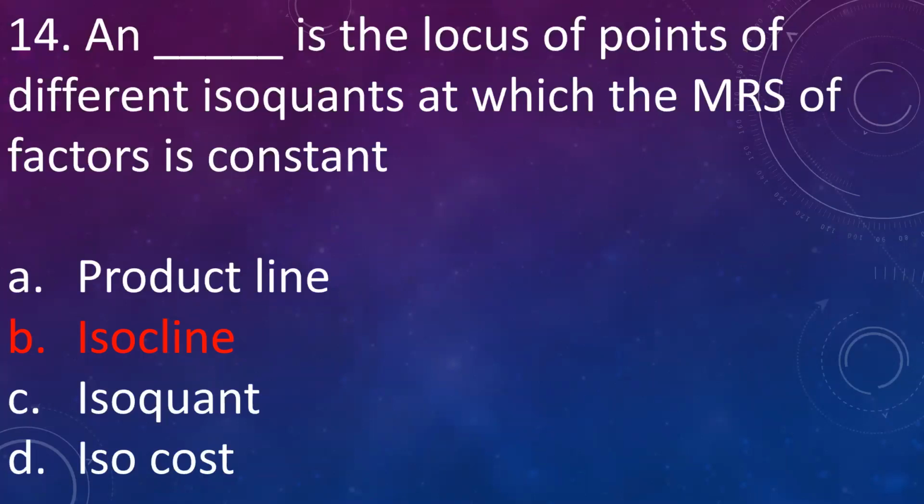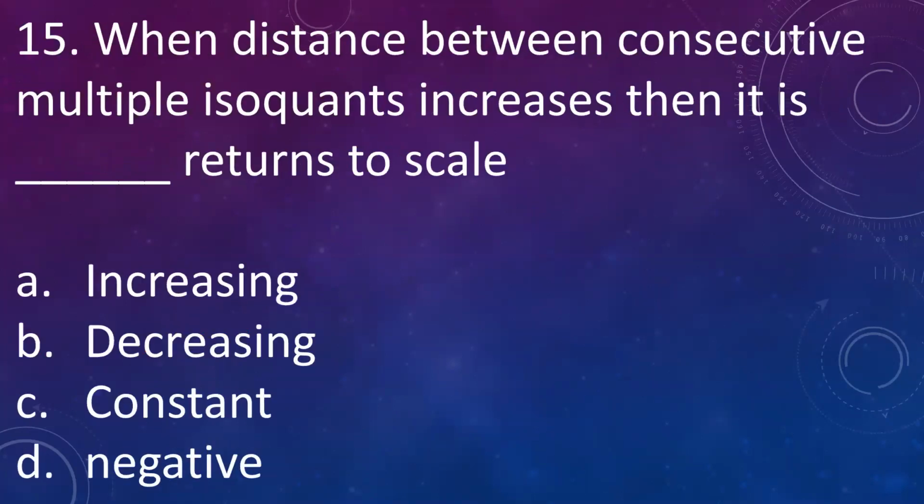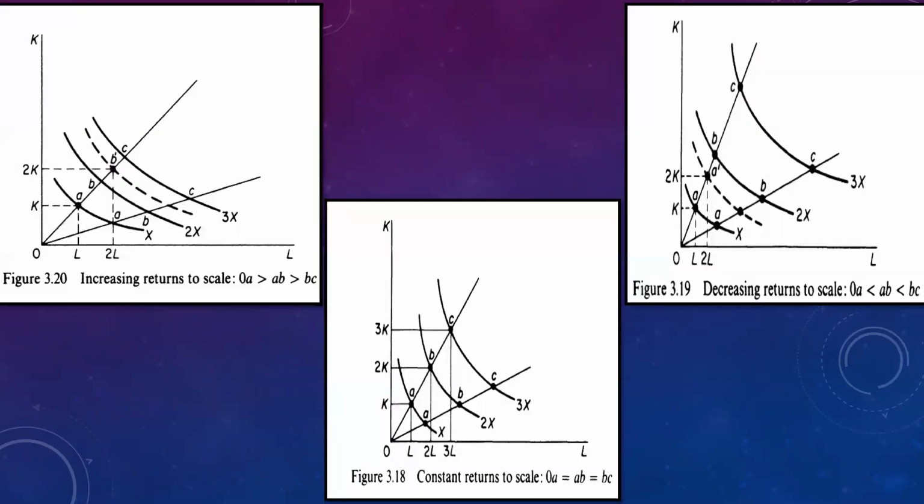Our next question is, when distance between consecutive multiple isoquants increases, then it is dash returns to scale. A, increasing, B, decreasing, C, constant, D, negative. Answer is B, decreasing. Now let me explain this.